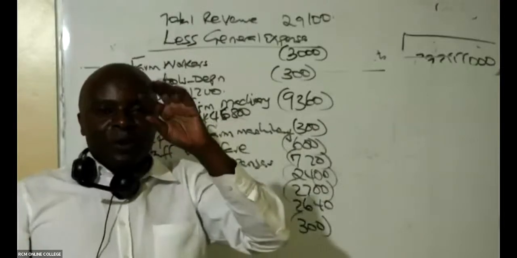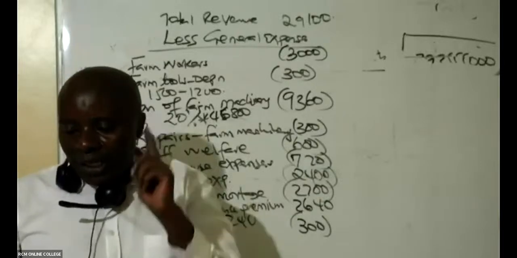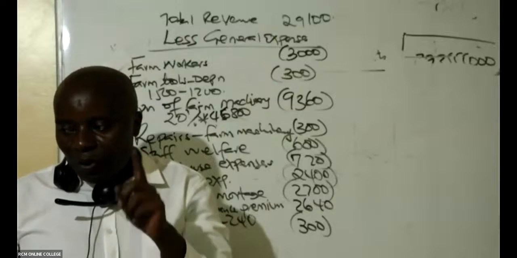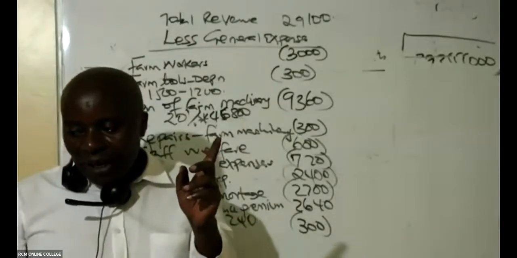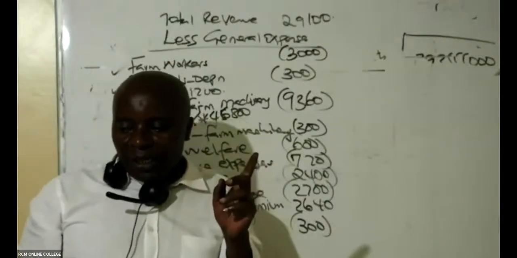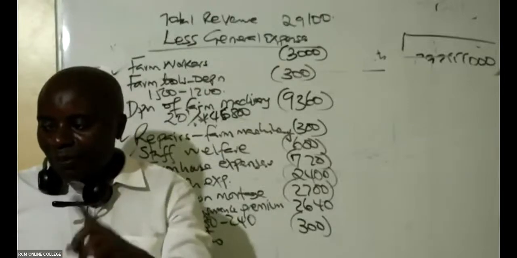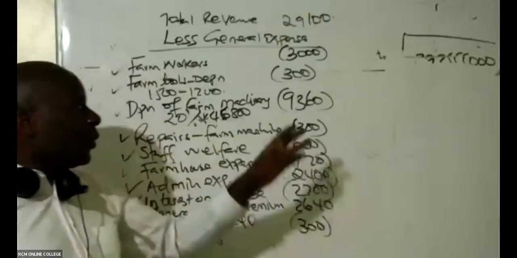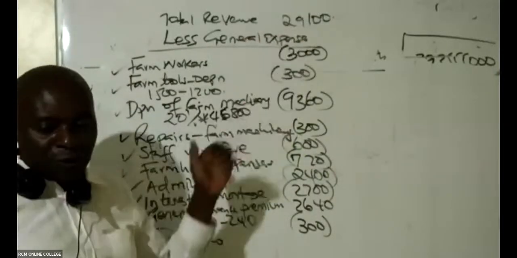If I remember very well, crops gave us 2610 and livestock gave us 26,490, from the revenue accounts. When you add the two, you get 29,100. I already did this for the purpose of saving space.